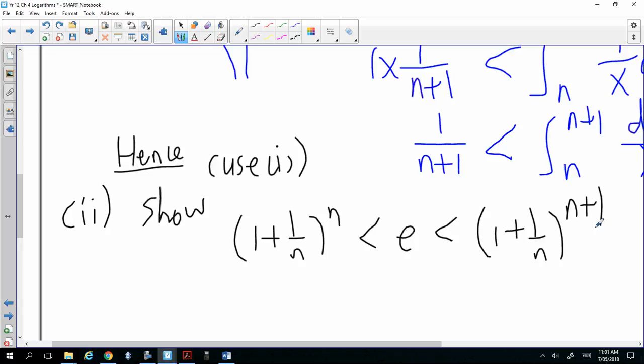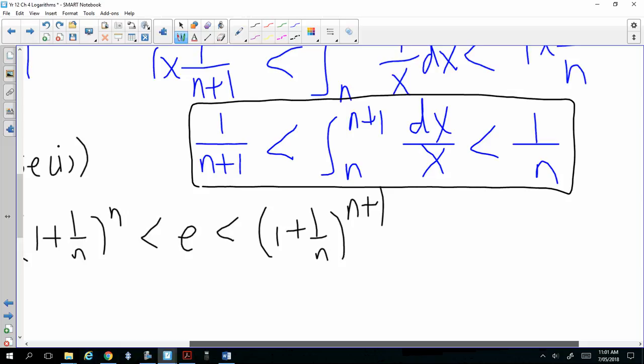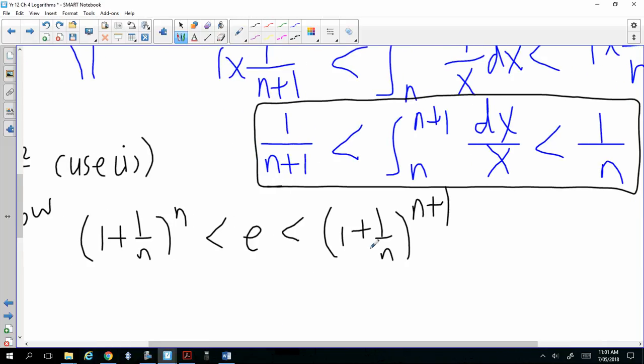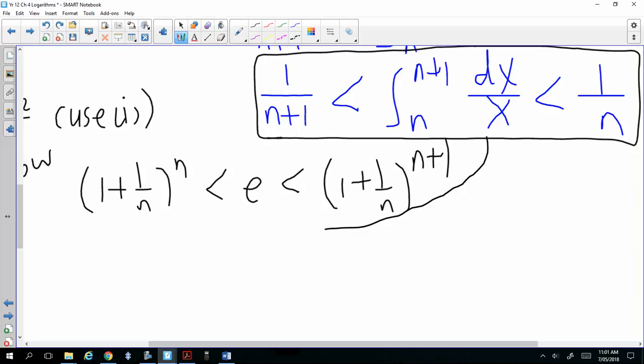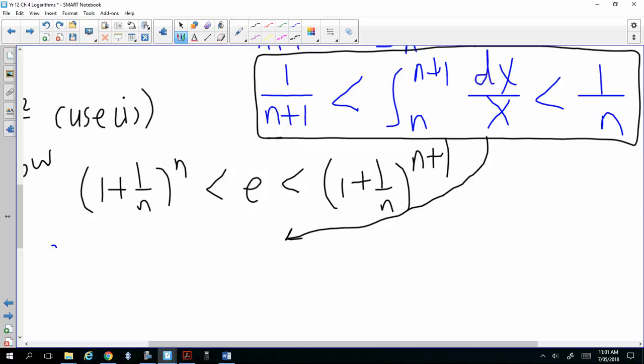So what we're going to do is take this rule down. We're going to start from what we know from part 1. So you say, from part 1, you can write 1 over n plus 1 is in between the integral from n to n plus 1 of 1 over x dx, less than 1 over n.